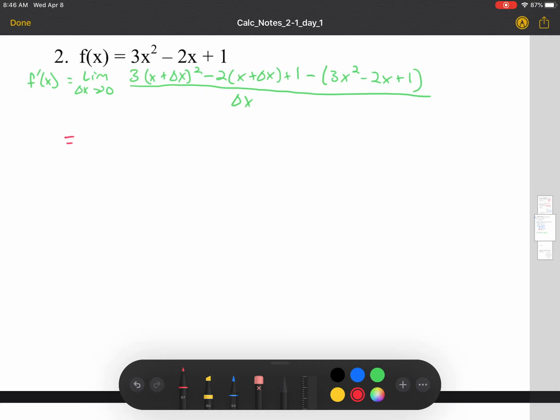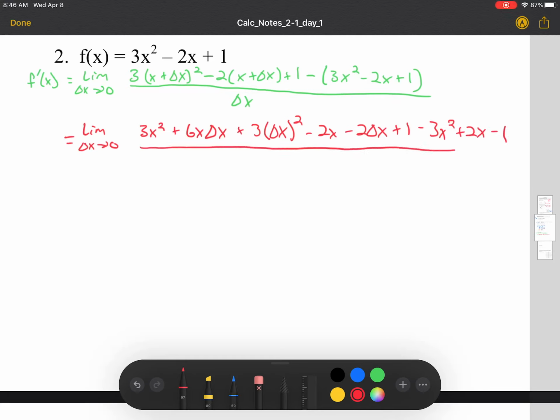Now we're going to expand it because it can get bigger, believe me. Okay, you expand it out. You're going to have 3x squared plus 6x delta x plus 3 delta x squared minus 2x minus 2 delta x plus 1 minus 3x squared plus 2x minus 1 all over delta x.